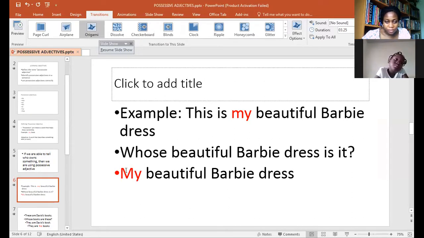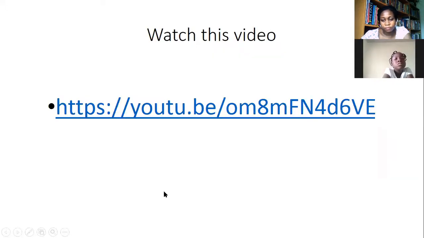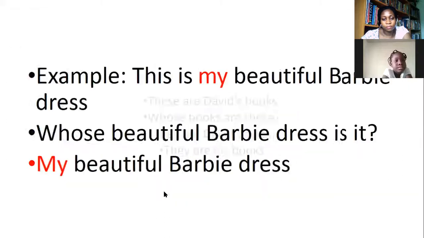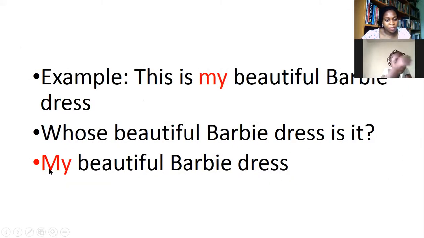The possessive adjective my over here is qualifying what? Barbie dress. So it comes before what? The noun. You don't say beautiful Barbie dress my. No, but I say what? My beautiful Barbie dress. Let's continue.